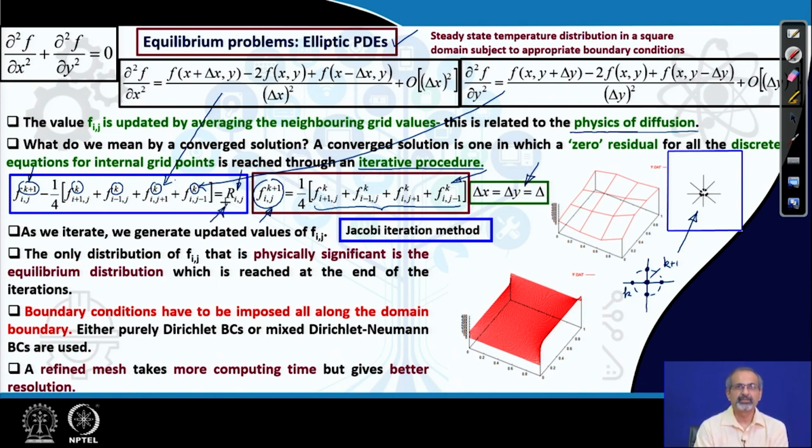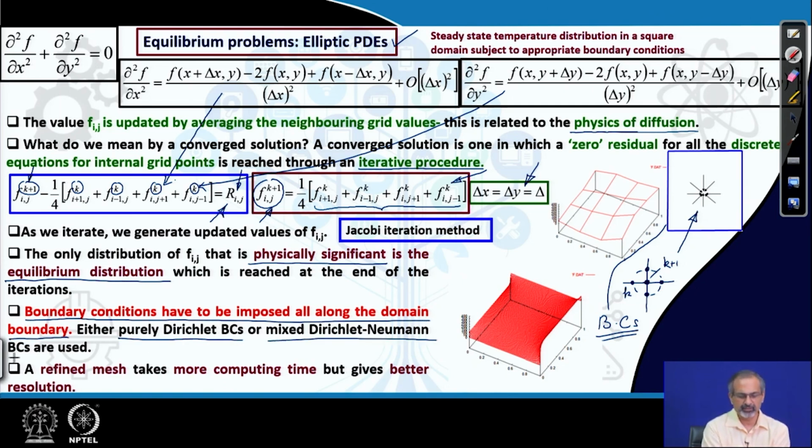So, as we iterate, we generate updated values of f I j, and what will matter finally, what will be physically significant is the equilibrium distribution which you obtain at the end of the iterations. And as you do that, the boundary conditions have to be imposed all along the boundary of the domain. Now, these boundary conditions have to be imposed either in pure Dirichlet form or mixed Dirichlet-Neumann boundary condition form.